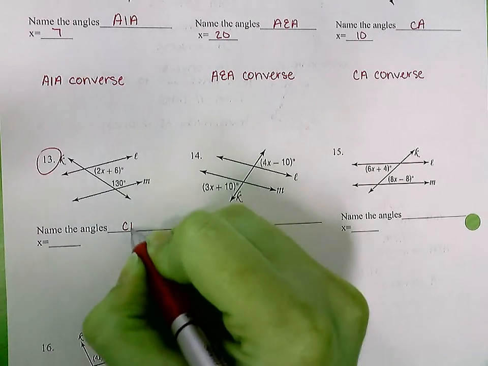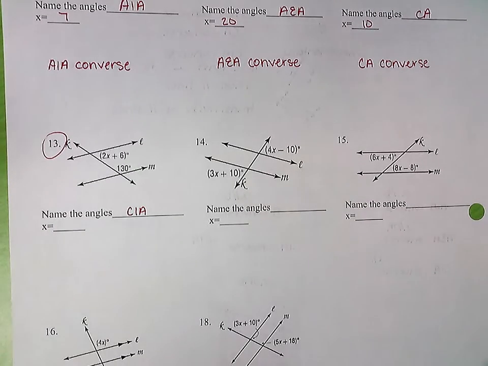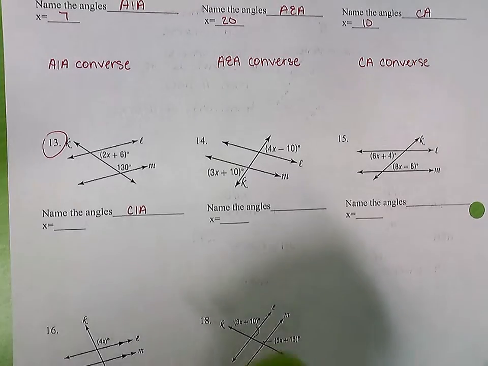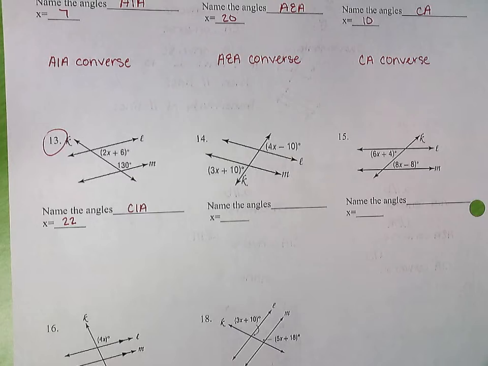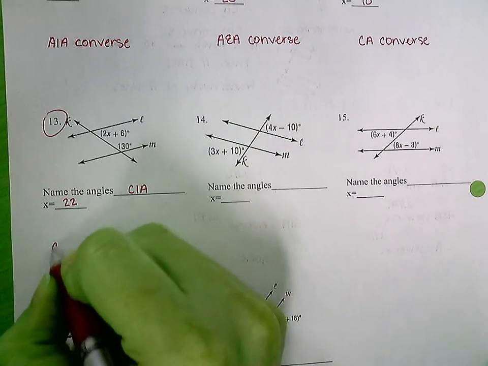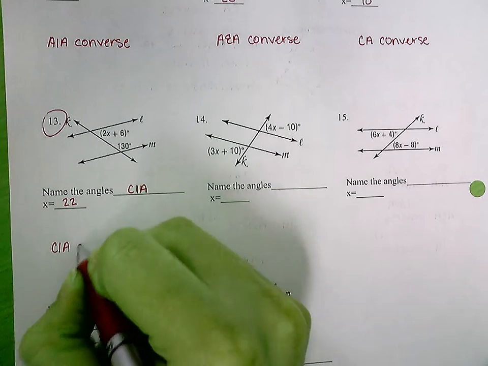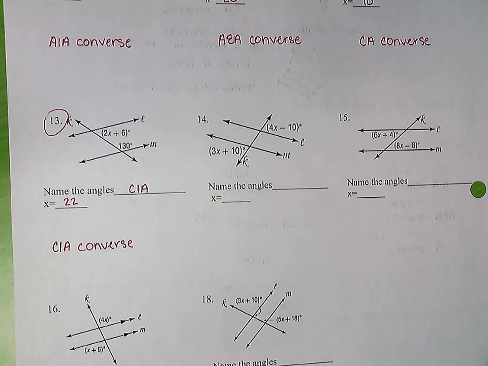These angles are consecutive interior angles. So you should add them together and set them equal to 180. Okay, when you do that, you should get 22. And those lines would then be parallel by consecutive interior angle converse.